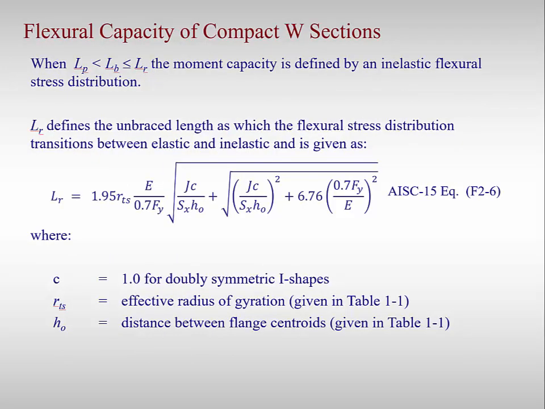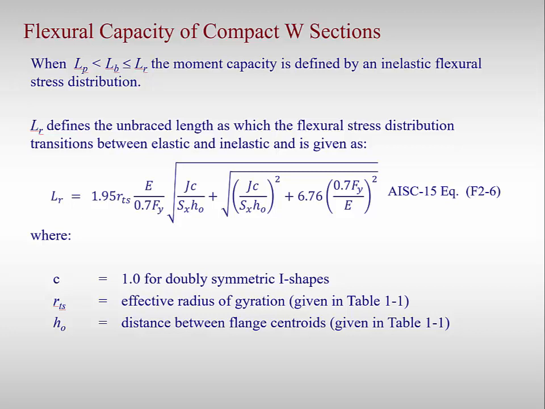When the unbraced length exceeds the plastic slenderness limit, L sub P, but is below the elastic slenderness limit, L sub R, the beam is in the inelastic region of behavior and its moment capacity is defined by an inelastic flexural stress distribution.